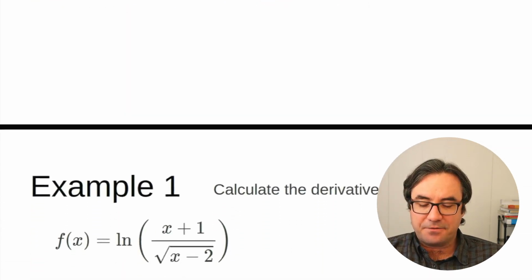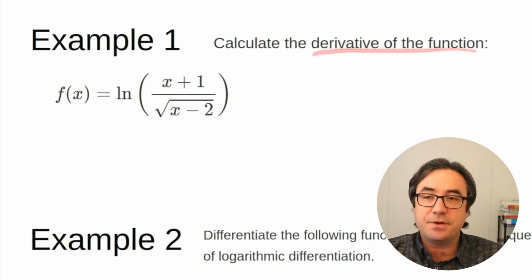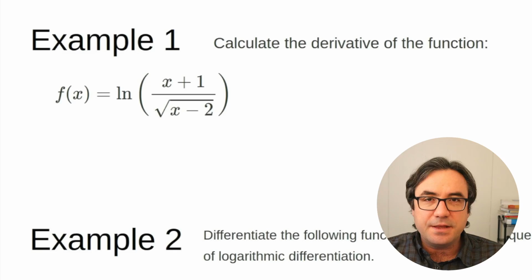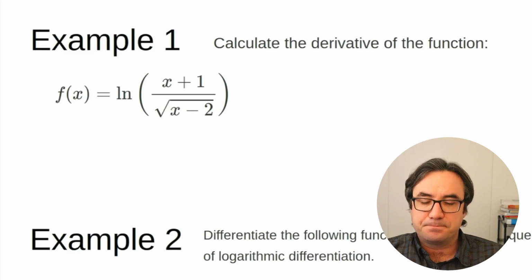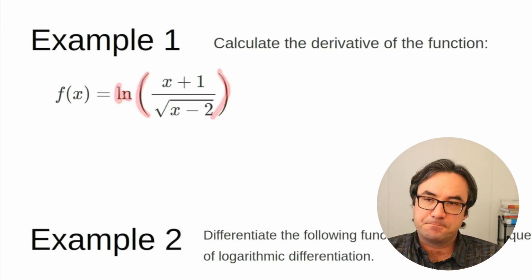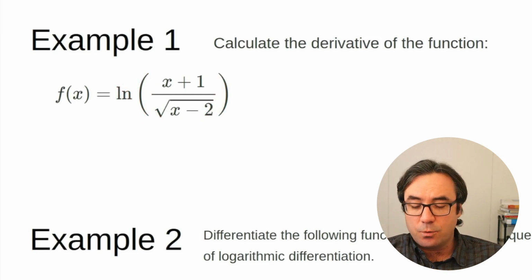So let's look at our first example, and we're going to use these properties to help us calculate the derivative of this function. So before we do any derivatives, we're going to rewrite this log function using these algebraic properties. So when we look at this function, we've got the natural log on the outside here, and then we have all this stuff that's inside of it. So we're going to work with all this stuff. The first thing we want to characterize is, ultimately, what do we have here?